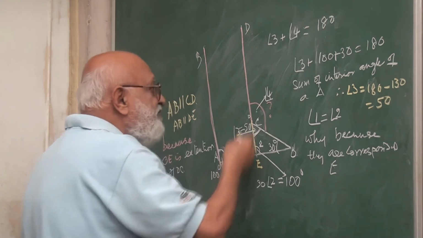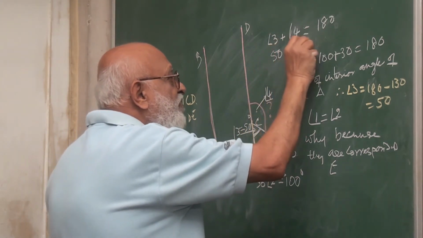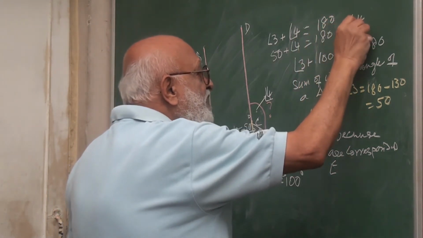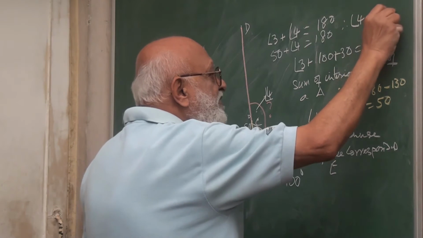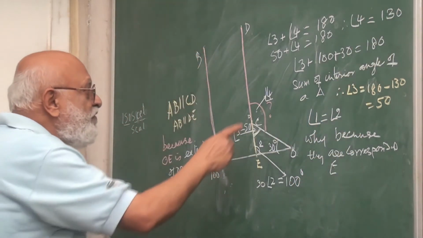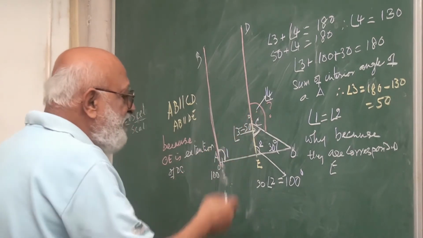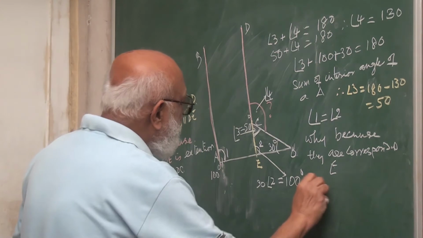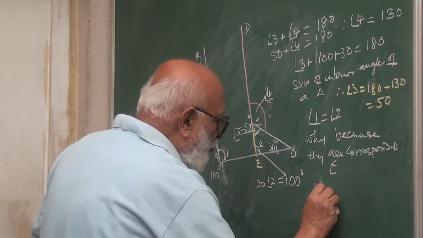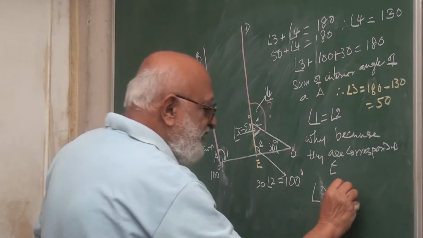So if angle 3 is 50, therefore angle 4 equals 130. Is that okay with you? So this is what we have to find out. That means angle OCD, as the book says, is equal to 130 degrees.